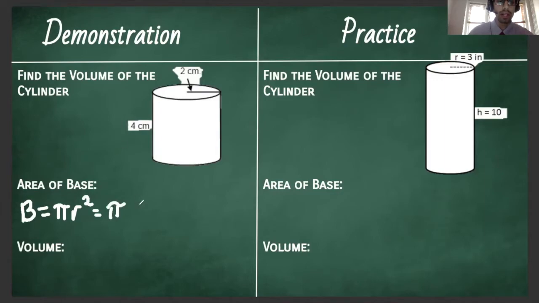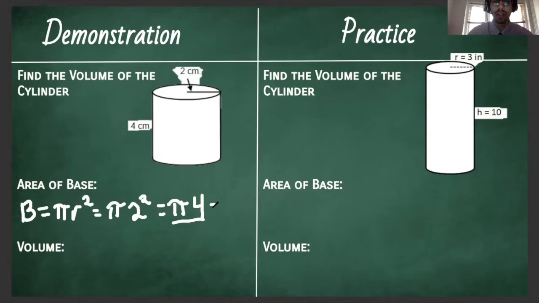What am I going to plug in for r? 2. So we just have 2 squared. So then I'm going to have pi and 2 squared is equal to 4. So my area I will just leave is pi 4. But in the context of this problem, it's just cleaner if we say this mathematically, 4 pi.